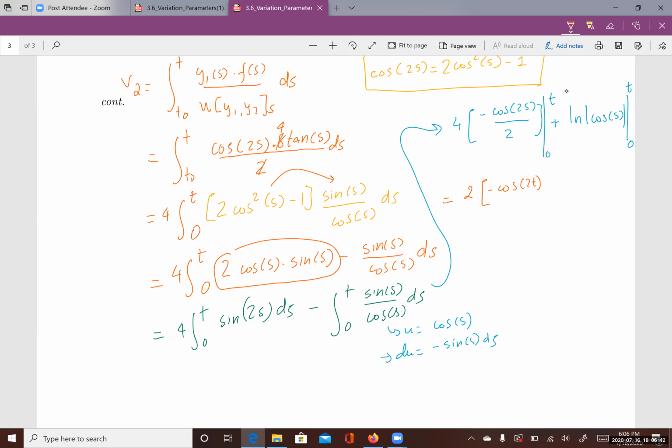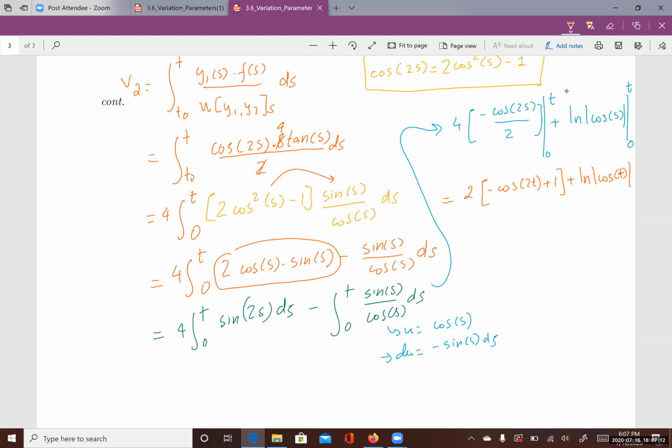Minus, so put 0 into s, cosine of 0 is 1, negative of 1 is negative 1, so it should be plus 1. Okay. Plus natural log of cosine of t, because if you plug 0 into s, cosine of 0 is 1, natural log of 1 is 0. So this is what we only have here.